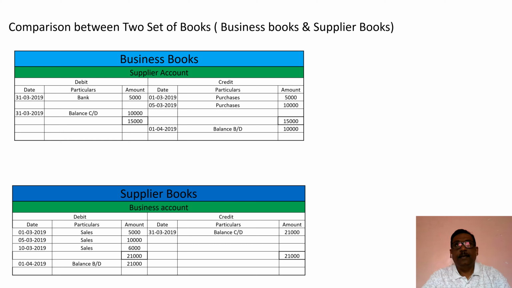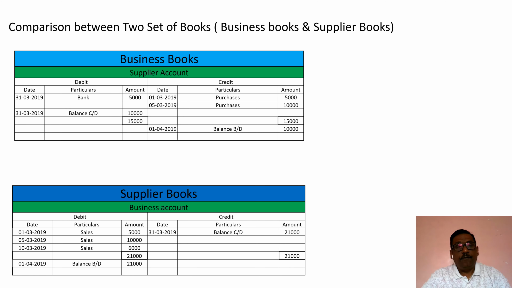Let us say a business purchased goods from suppliers. The business maintains a supplier account and records all the purchases from the supplier. In a similar way, the supplier also maintains the business's account, and records whatever goods are sold to the business. Am I right?